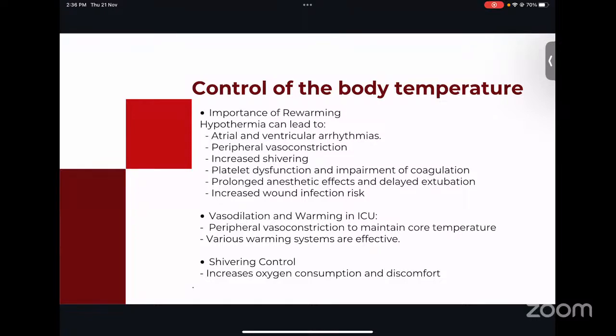Because hypothermia can lead to atrial and ventricular arrhythmia, peripheral vasoconstriction, and increased systemic vascular resistance. It may cause platelet dysfunction and impairment of coagulation. Hypothermia can also increase the risk of infection due to immunocompromise.